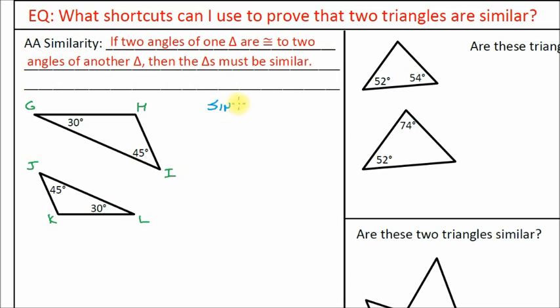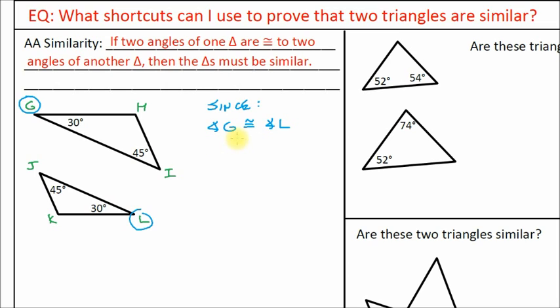Since angle G is congruent to angle L. In fact, let's do a circle around them like we've done before. G and L are both 30 degrees. We know those are congruent.